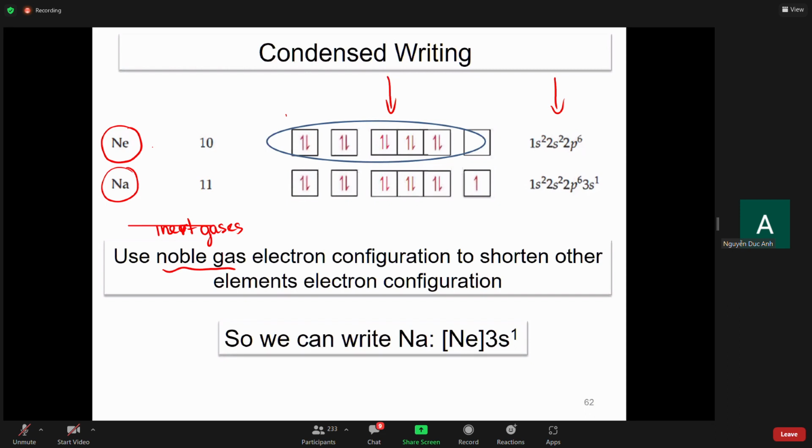Sodium's configuration differs from neon's by only one orbital, so you can write neon in square brackets and 3s1. That helps shorten the electron configuration writing of the other elements. We call this condensed writing.